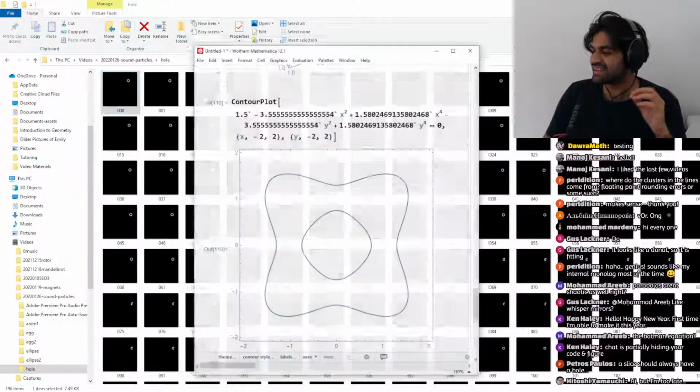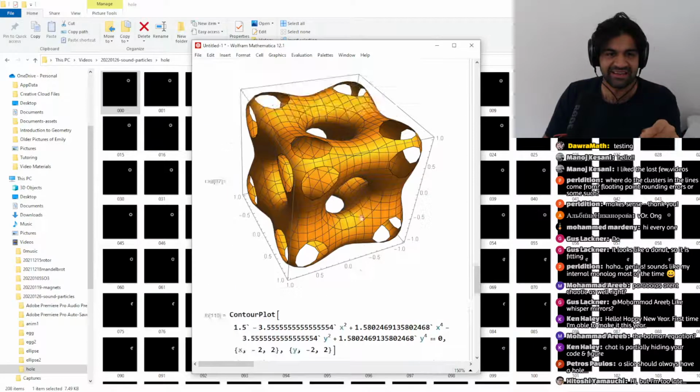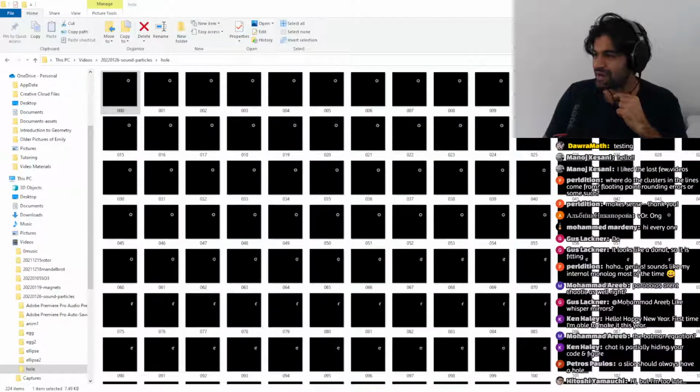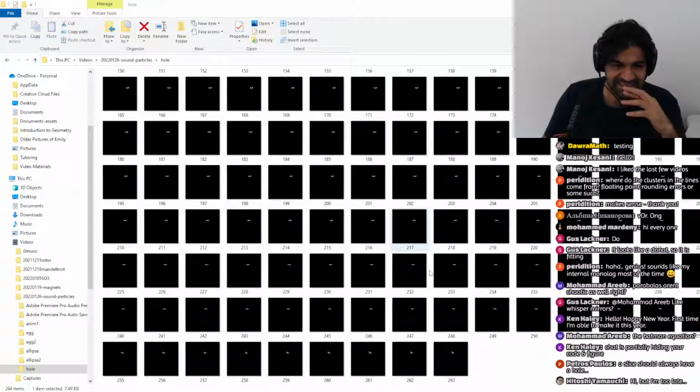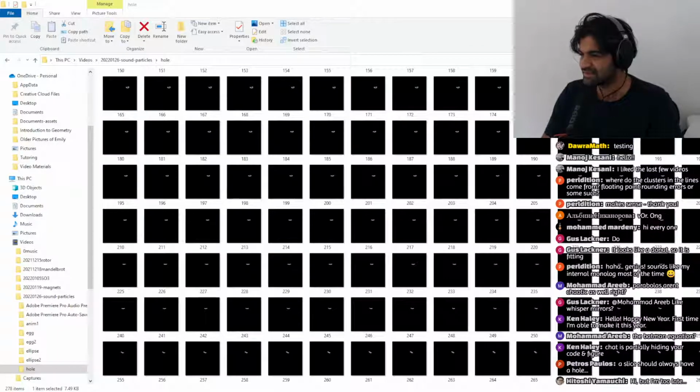Let me get this ready for prime time, because I don't have the code set up so that Python will show the boundaries. I only have it set up so it'll show the points. So, contour plot.